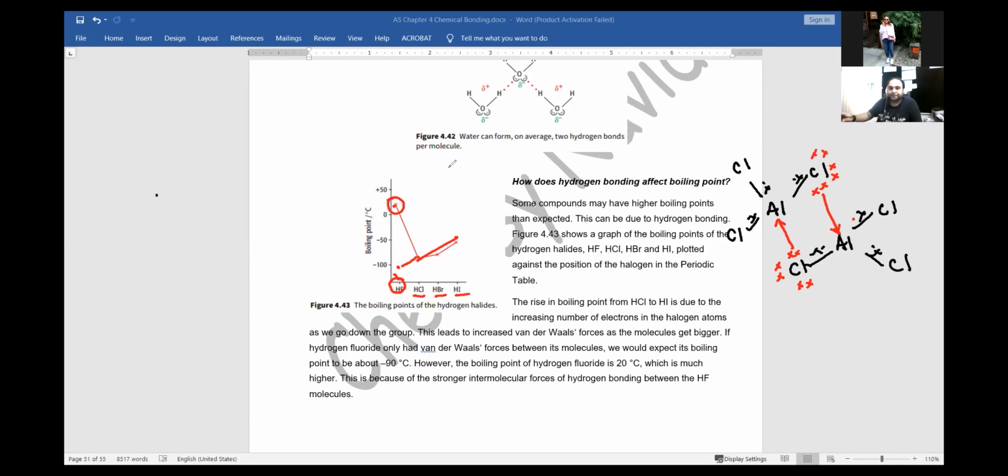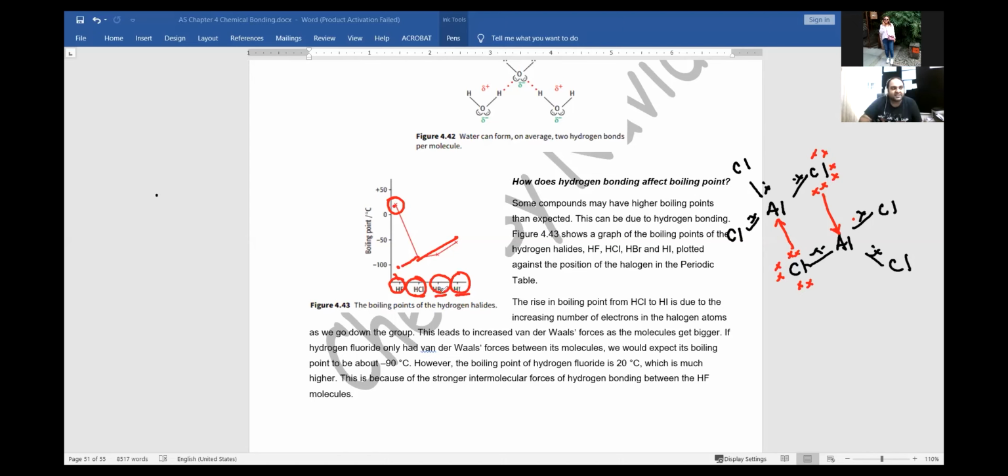Why does the boiling point increase in HCl, HBr, HI? You tell me. HCl, HBr, HI, everywhere H is the same. What is different? The halogens. So what is happening in the halogens?